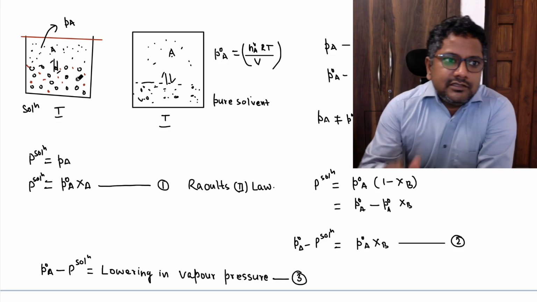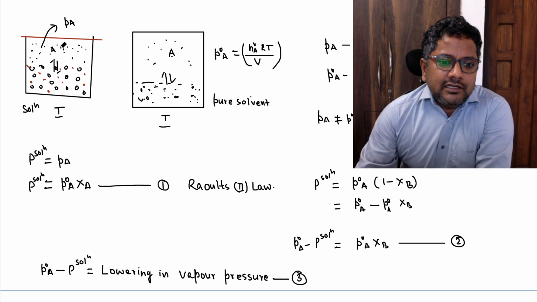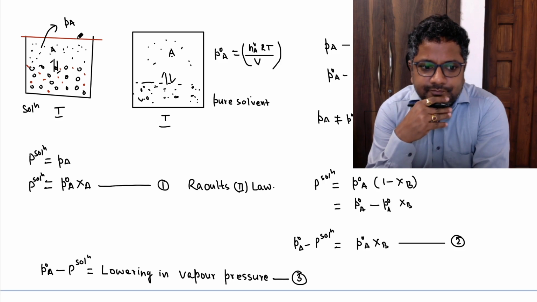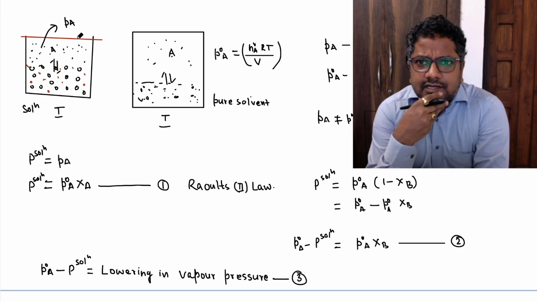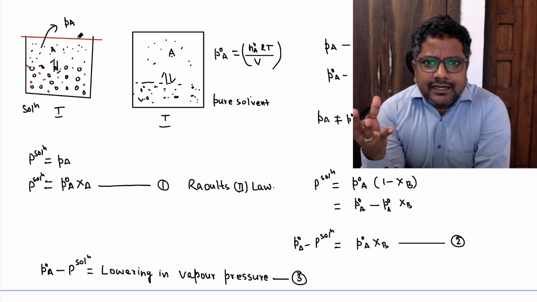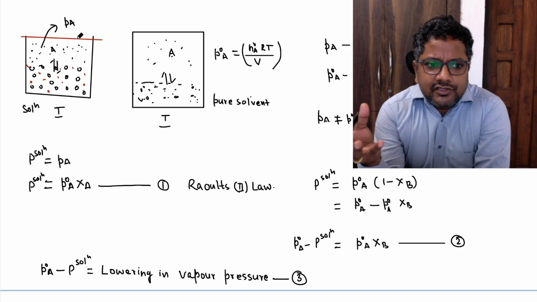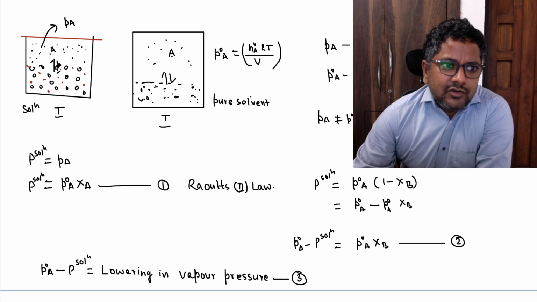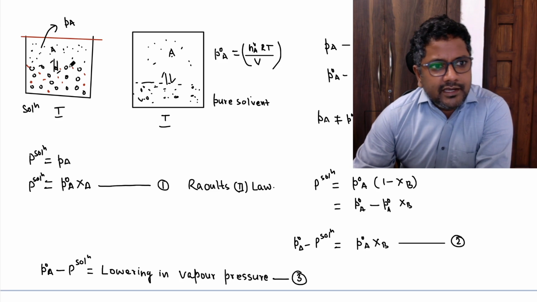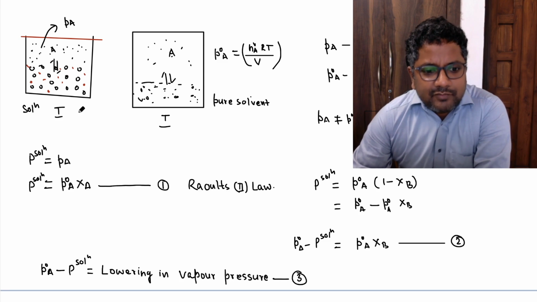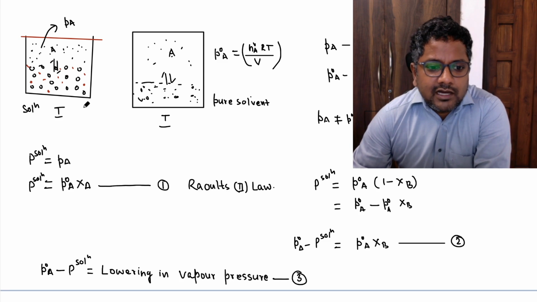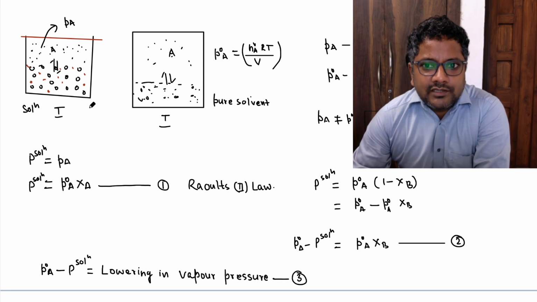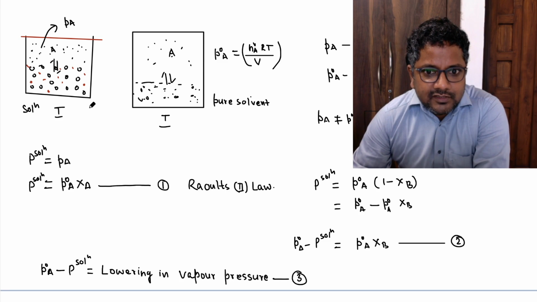Even then the moles of A in vapor phase are reduced. Many instructors and teachers explain this by saying that some molecules of B will occupy the surface, so the surface area will reduce, therefore vapor pressure reduces. But the answer is no. This is a bogus explanation.